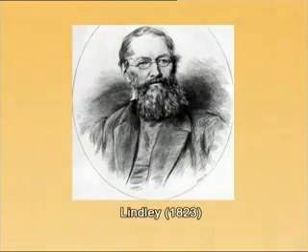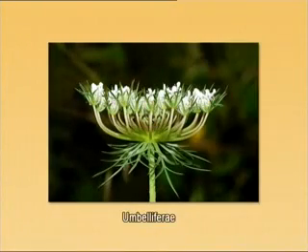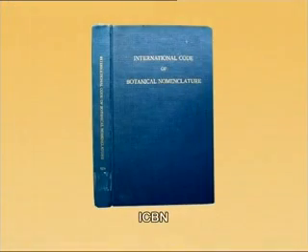Later on, the present name, Apiaceae, was given as an alternate family name by taxonomist Lindley. Why was there a necessity for this alternate family name Apiaceae in place of its previous name Umbelliferae? This alternate name was necessitated due to the typification rule of the International Code of Botanical Nomenclature.